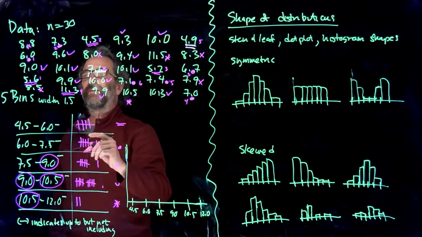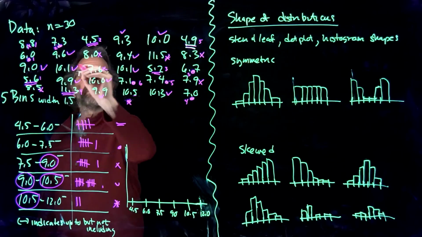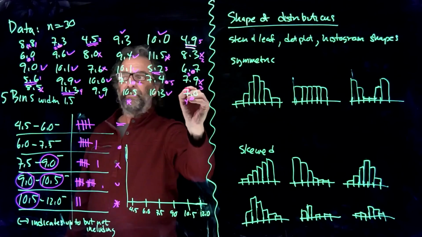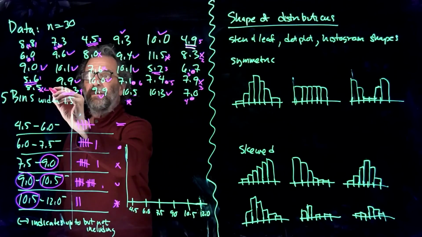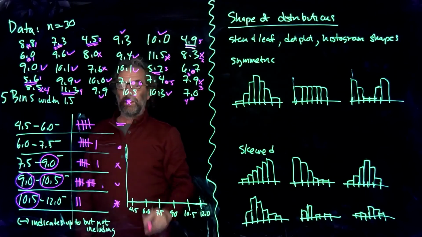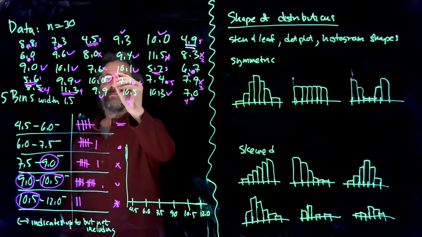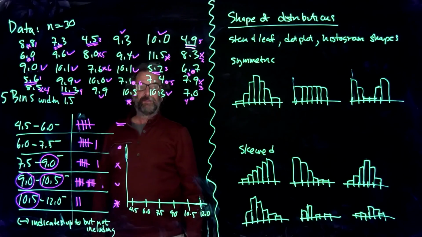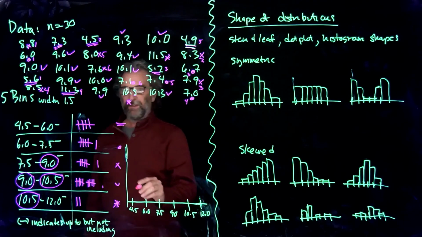Crosses. 1, 2, 3, 4, 5, 6. Sorry about the effort. I think we did it. 6, that looks all right.